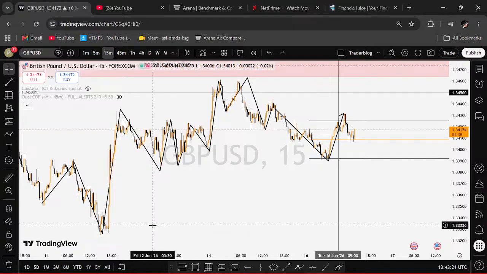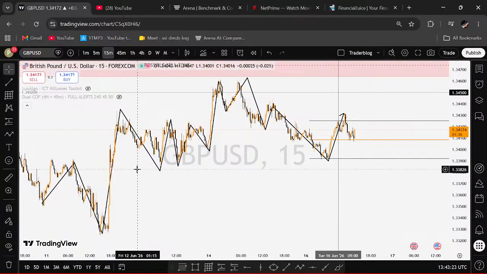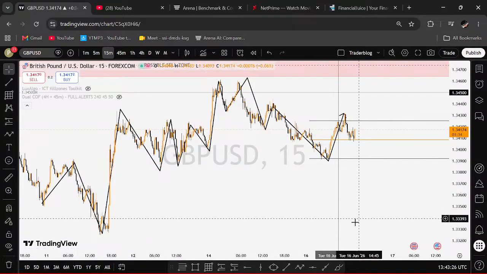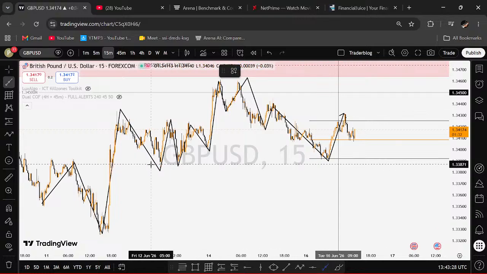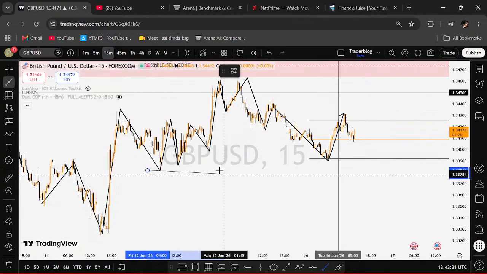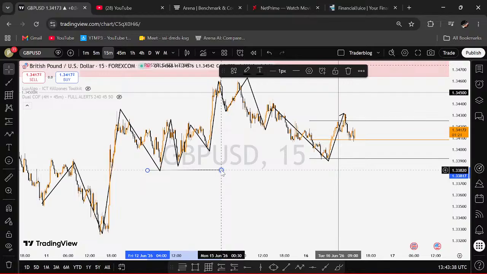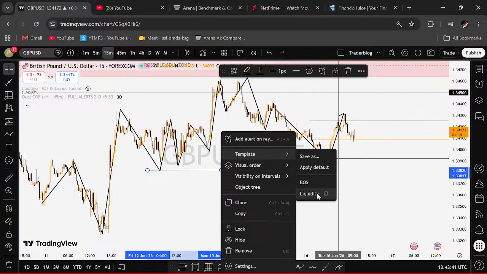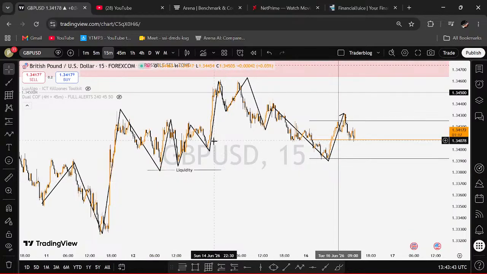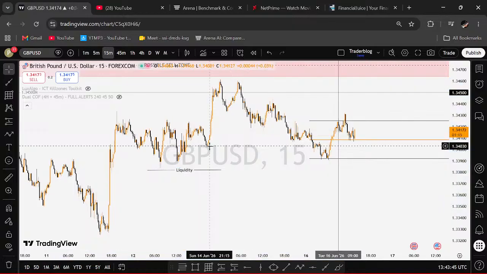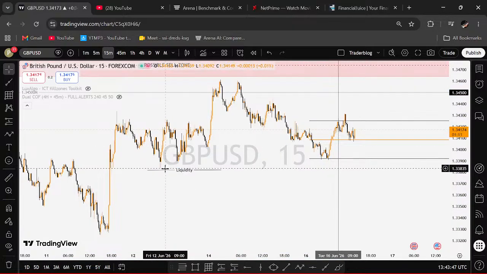So currently, for me, there's liquidity at this whole side. For me, there's liquidity here. But it may not be tapped.